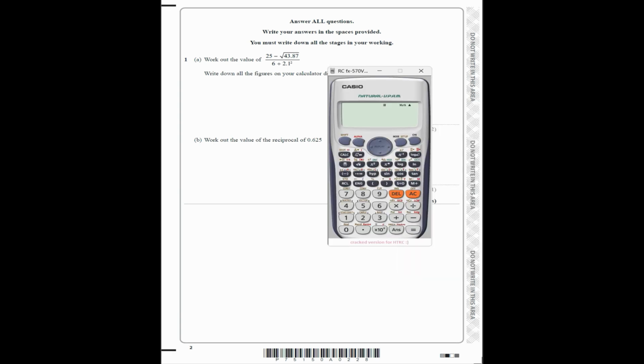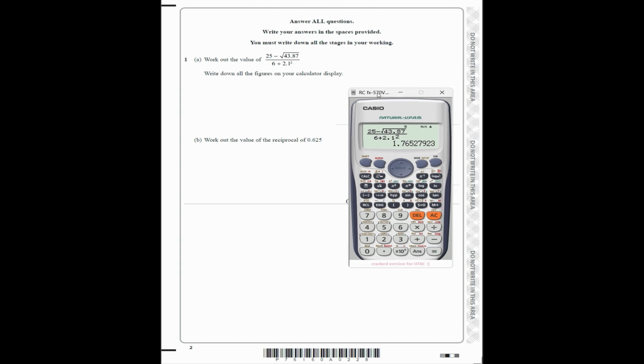Now, the first step we have to do here is to press the fraction key because we have to put exactly what is written over there. So press 25 minus square root 43.87 and press the down arrow key, and then 6 plus 2.1, and 2.1 has a square.